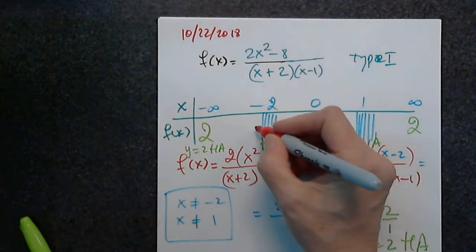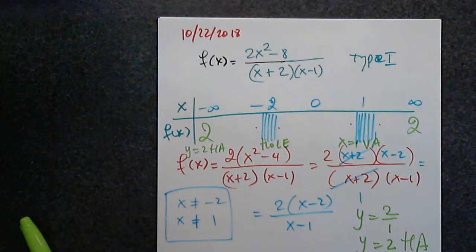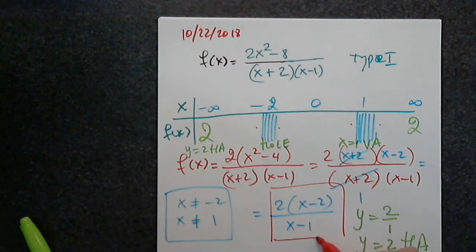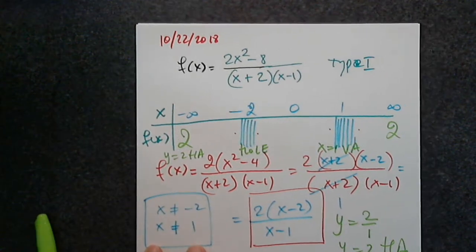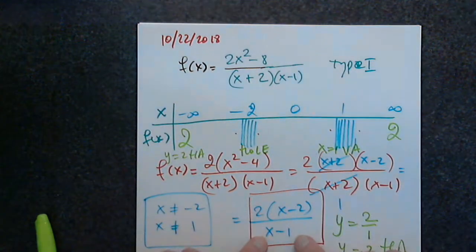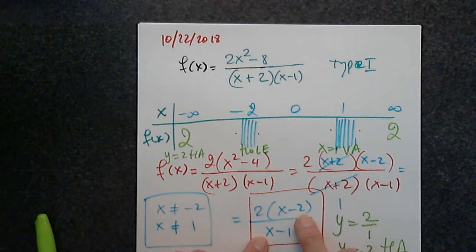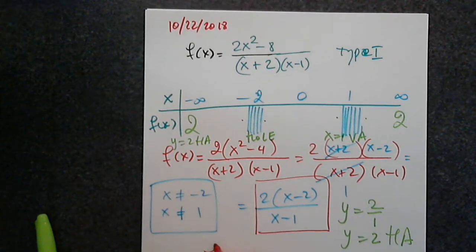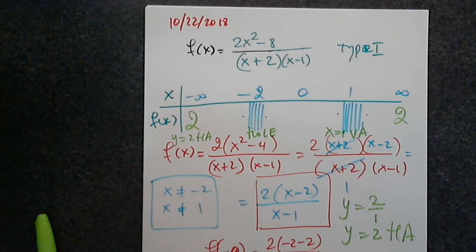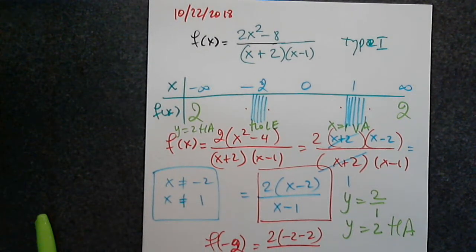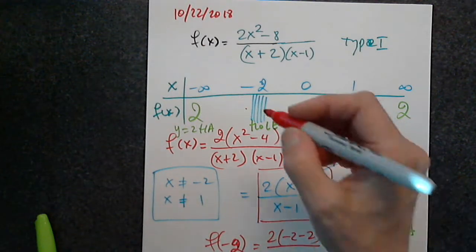Now I have to continue with filling out the chart right here, left and right of the asymptote and the hole. So this is the function we're working on because we simplified this into this, stating the correct restrictions. So now I have to plug in -2 in this function. F of -2 is 2 times (-2 minus 2) divided by (-2 minus 1), because I have to put this number here.